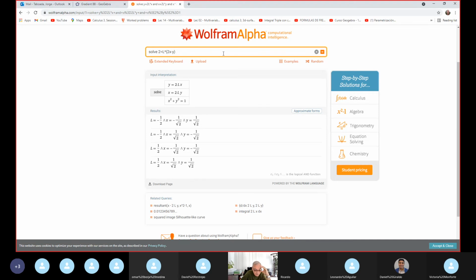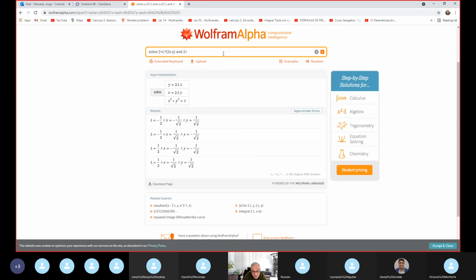I put the space, I put the word "and," because I need to satisfy this equation and this equation and this equation. The second equation is 2 equal something L, again, lambda multiplier. This is a Lagrange multiplier.